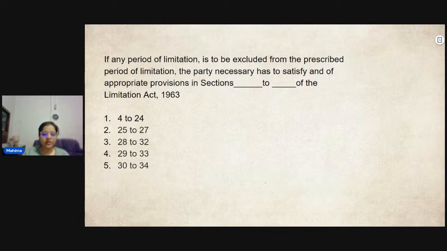If any period of limitation is to be excluded from the prescribed period of limitation, the party necessarily has to satisfy an appropriate provision in section dash to dash of the Limitation Act 1963: 4 to 24, 25 to 27, 28 to 32, 29 to 33, or 30 to 34. Everyone, come on.